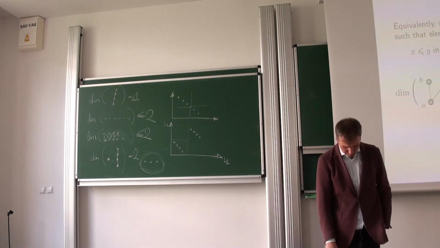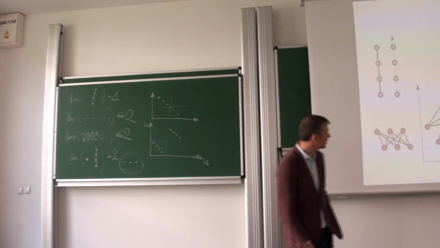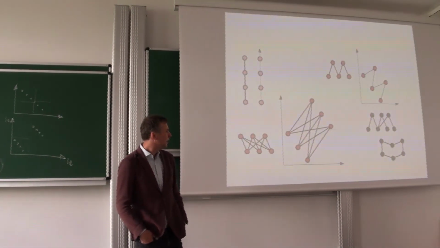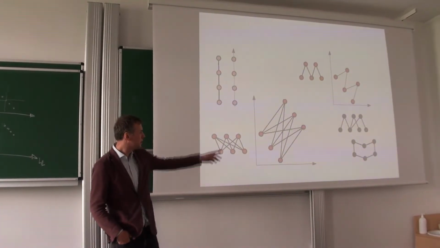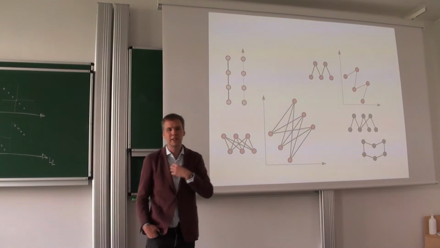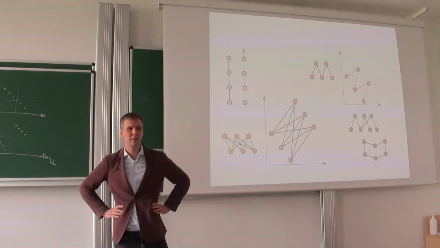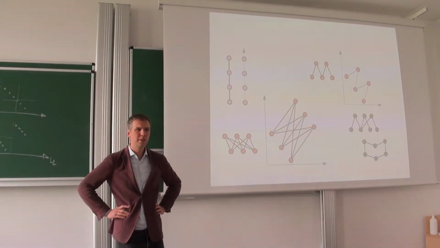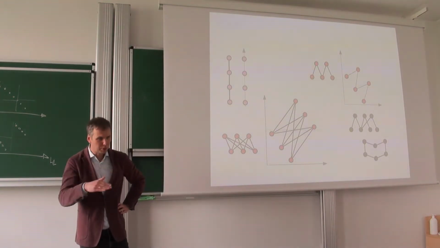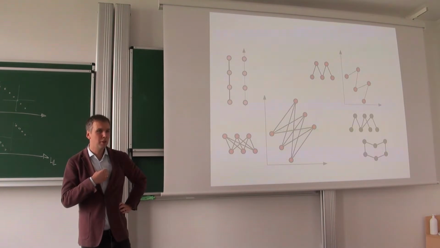Let's move on. Yeah. So that was my drawings for the slides. So these green posets here at the right bottom are some examples of posets of dimension 3. There is a complete list of the minimal posets of dimension 3.